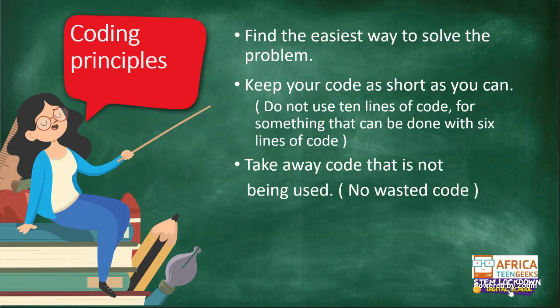And the last one is take away code that is not being used, so that we do not have any wasted code. But we saw that sometimes you are going to have 1 or 2 blocks that are not being used in a loop, but it's okay if you put it in a loop, because if you do it without the loop, then you can end up with more blocks that are not being used, or more blocks needed to complete the function. Right, so I'm going to jump straight into the coding screen.